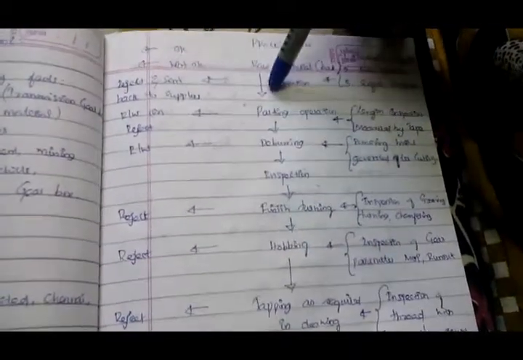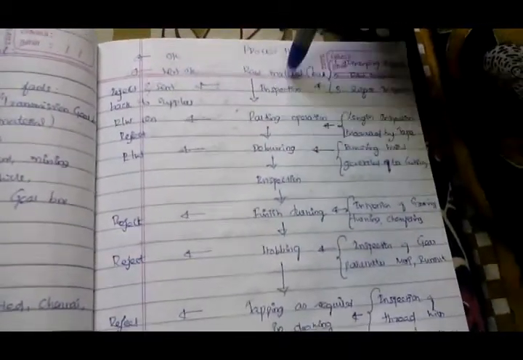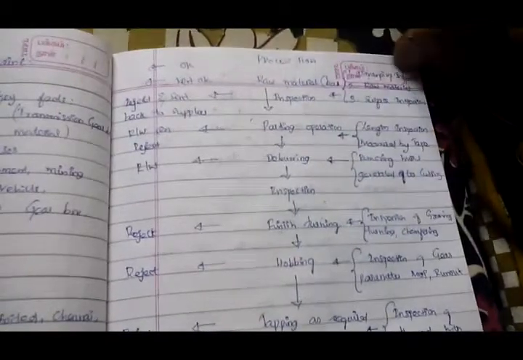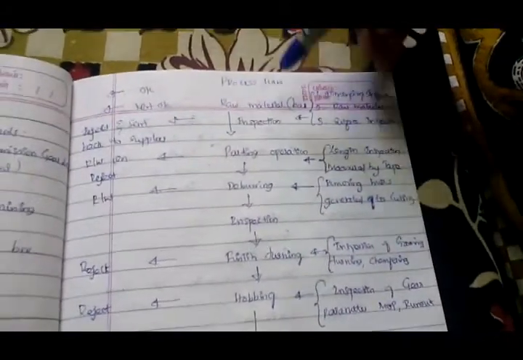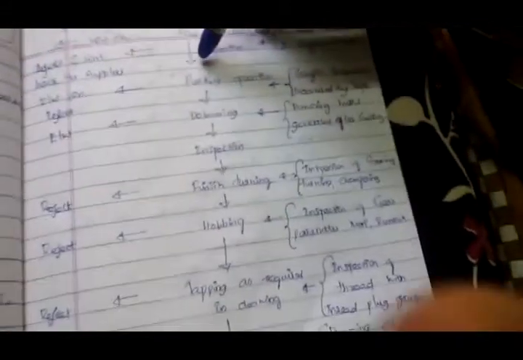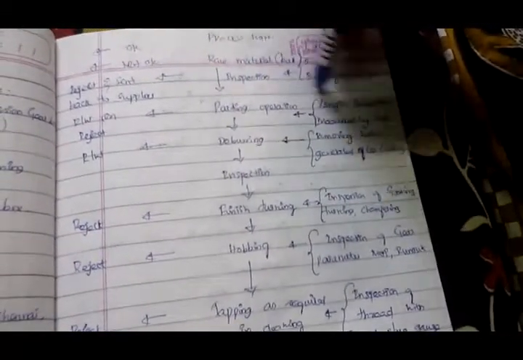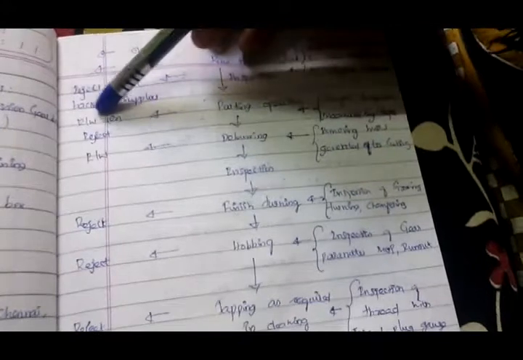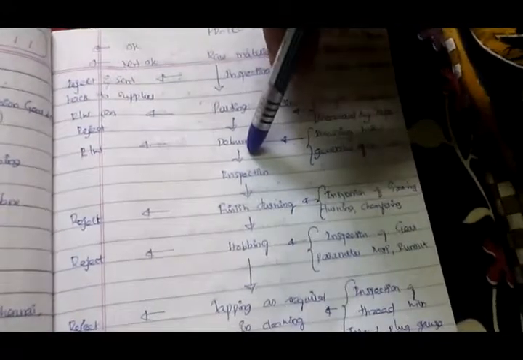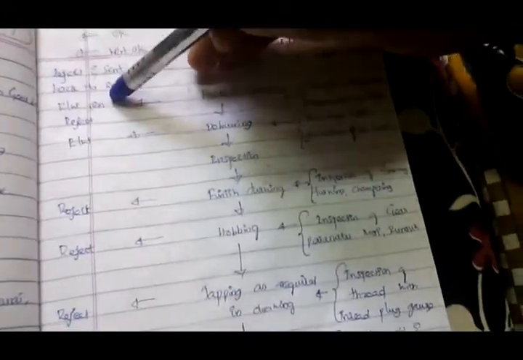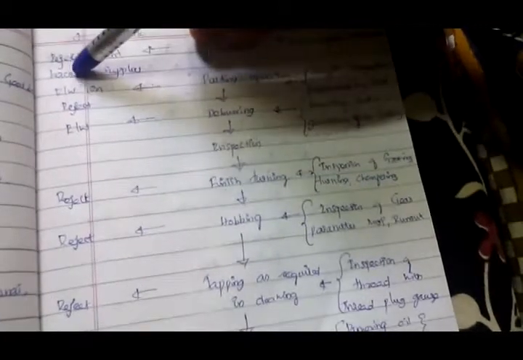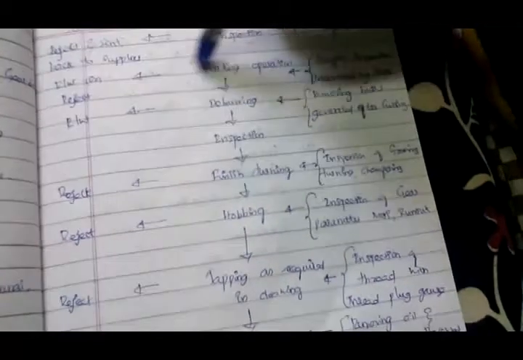Then I move to the parting operation. In parting, we verify only the length, measured by tape. If it is okay, we move further. Otherwise we rework or reject.